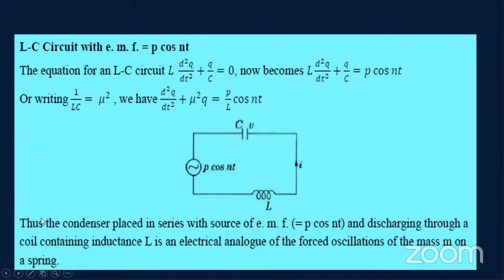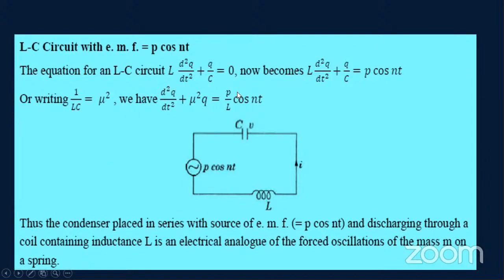Suppose in that circuit, the equation for the LC circuit is taken as L into d square q by dt square plus q by C equal to 0. If some electromotive force of P into cos nt is introduced, the equation becomes L d square q by dt square plus q by C equal to P into cos nt. It's a forced oscillation.